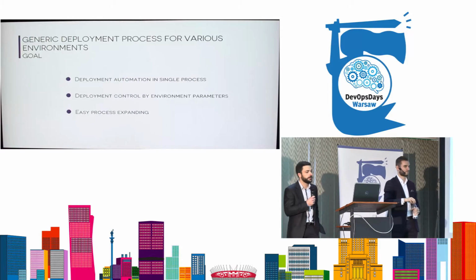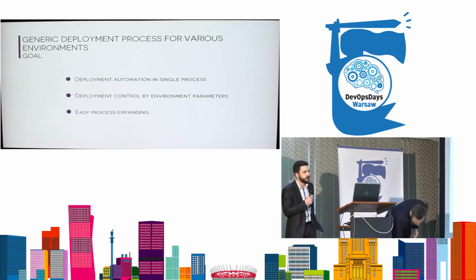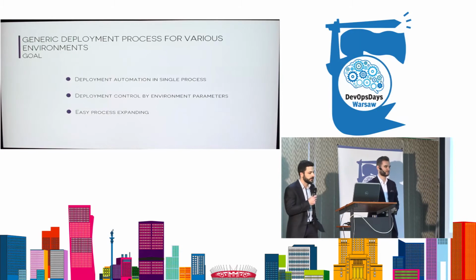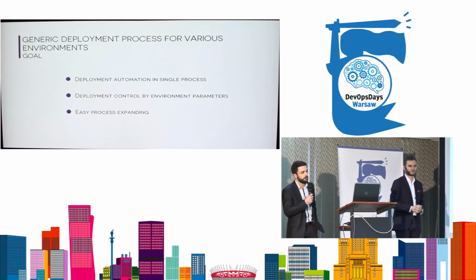We also want to be able to expand the process freely. So if we want to add some new component, new environment, or just make a change in the process workflow, we do it in one place, in one process. So it's much easier to change things in one place than in many processes, one for each environment, for example.